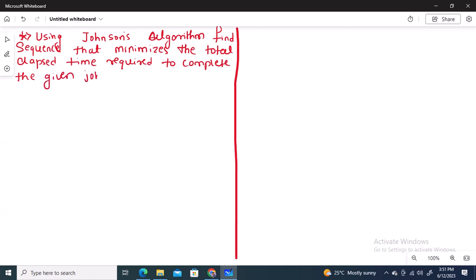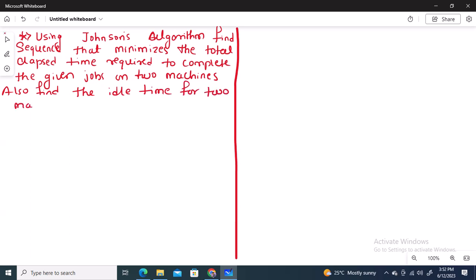Also find the idle time for the two machines. Okay, so they have given data.